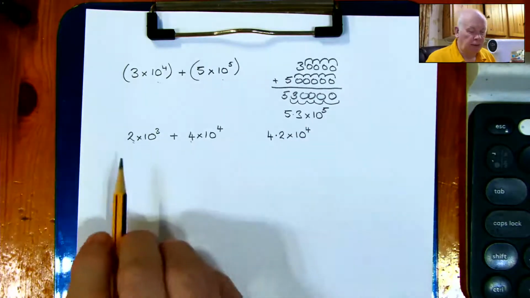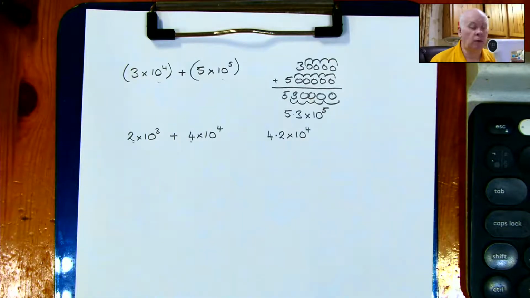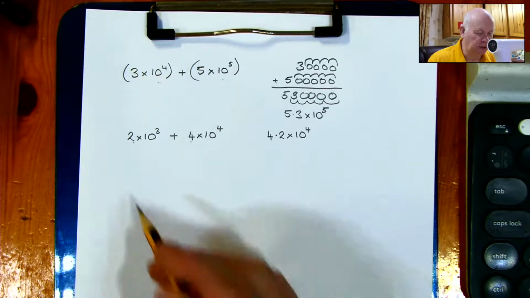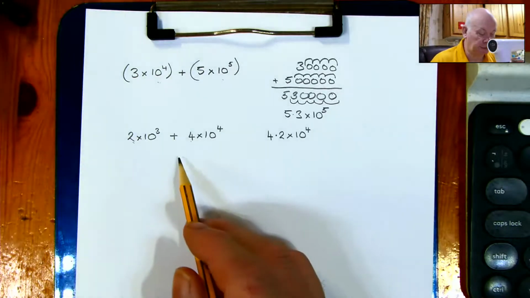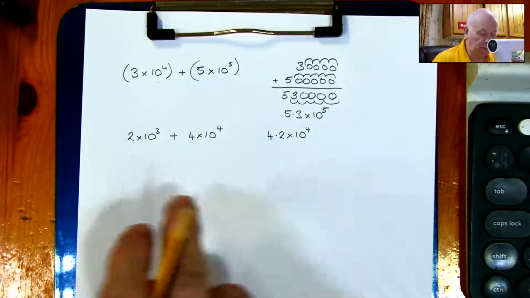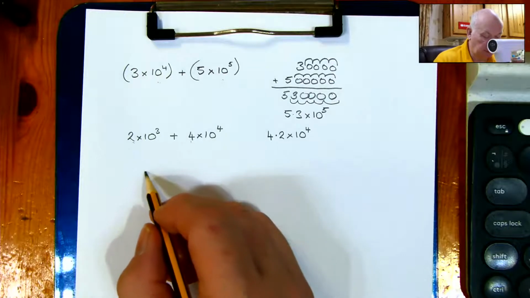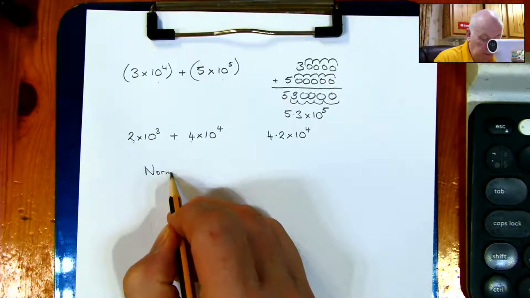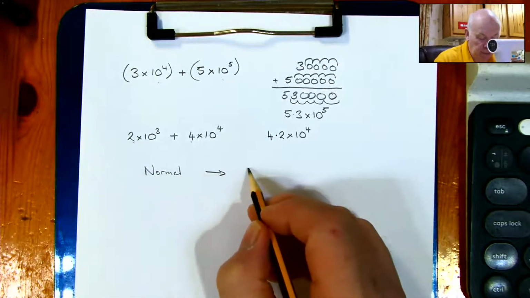So there's a quick run through on looking at basically standard notation or scientific notation, flipping one number into the other to move from normal to standard form.